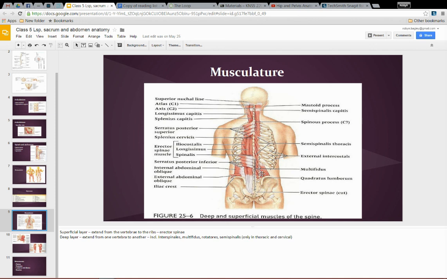So this includes quadratus lumborum, but it also includes these tiny muscles in here, the interspinalis, the multifidus, the rotatores, and up in the T and C spine you have the semispinalis. Okay? So of course then we have the lats that run over top of this, and the bigger muscles that run more through the T-spine, which is where we'll cover those.